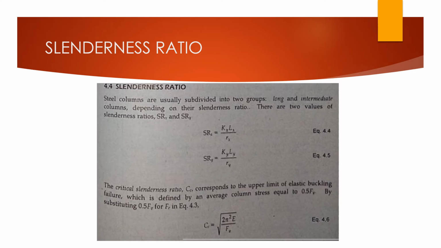The critical slenderness ratio Cc corresponds to the upper limit of elastic buckling failure, which is defined by an average column stress equal to 0.5 Fy, by substituting 0.5 Fy for Euler's critical stress in equation 4.3.